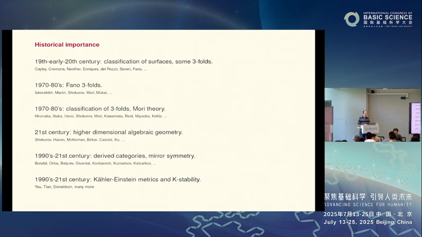But if we forget about the ancient times and go to the 19th century, that's where the real fun starts. We have the Italian school of algebraic geometry, which basically developed algebraic geometry in dimension 2. Of course, we also have algebraic geometry in dimension 1, but when we talk about Fano varieties in dimension 1, you have only one space, which is just the projective line. So in that sense, dimension 1 is not very exciting.